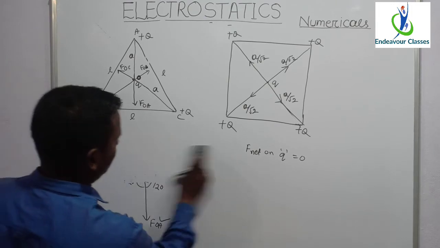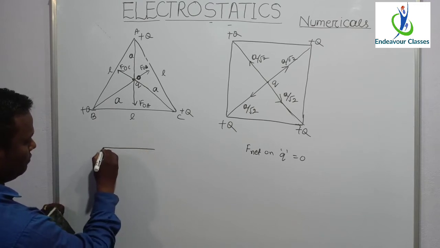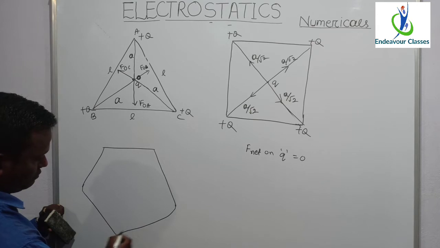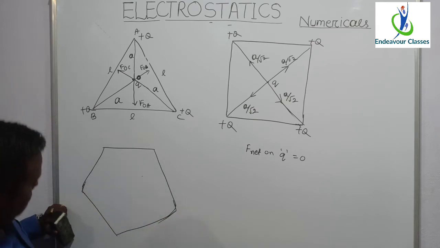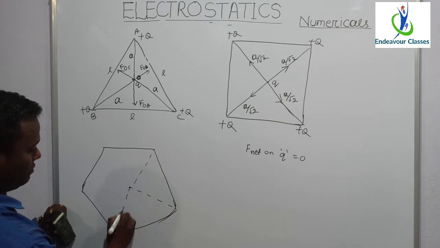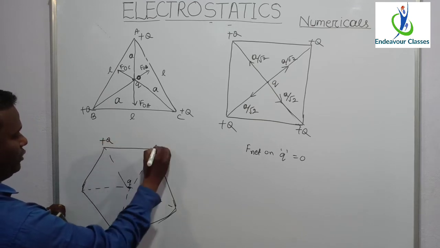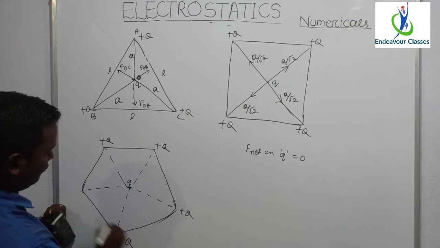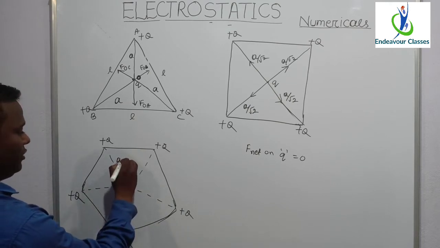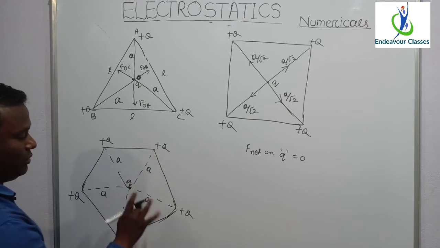Similarly, in case of a pentagon also, at the center of the pentagon, if another charge q is placed, and 5 equal charges are placed at the 5 corners of this pentagon, then from the symmetry you can say that the distance of the center from each of the corners will be equal.